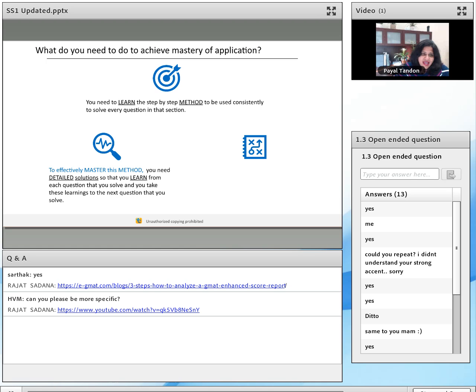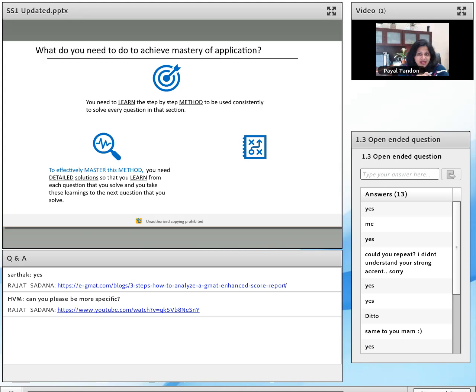Okay. The second thing is that when you're learning the application, you need to make sure that you are getting feedback from each and every question that you solve, and you're implementing that feedback into your process. You're making sure that you don't make the same mistakes. You're making sure that you carry on with the principles that are working for you.